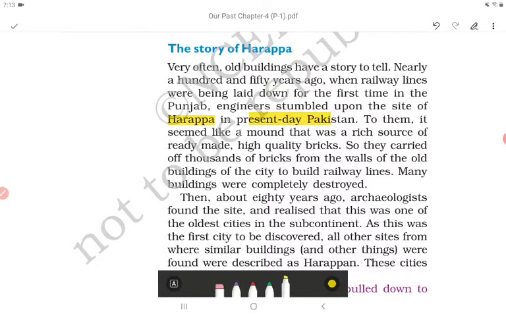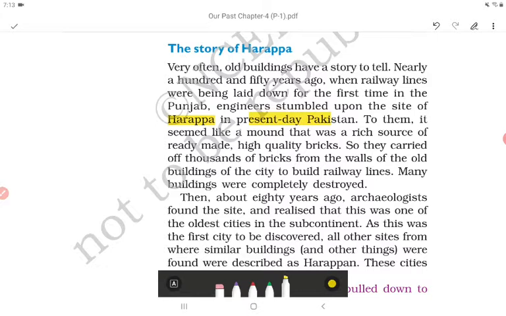To them it seemed like a mound that was a rich source of ready-made, high-quality bricks. So they carried off thousands of bricks from the walls of the old buildings of the city to build railway lines. Many buildings were completely destroyed.